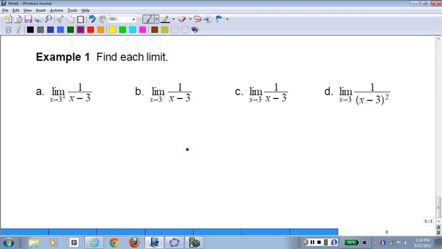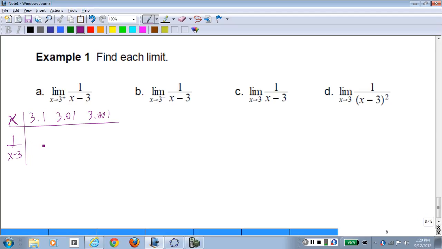If we were to use a table of values and choose x equal to 3.1, 3.01, 3.001, all values slightly greater than 3, what would we observe about the y values? They get big.